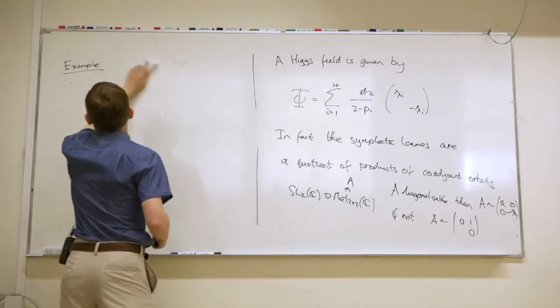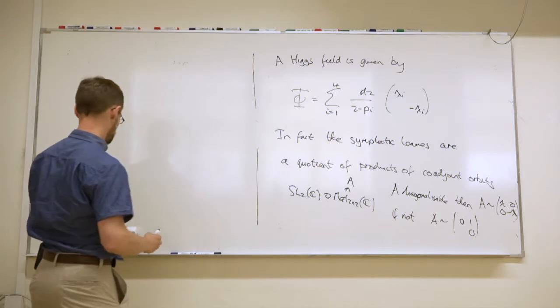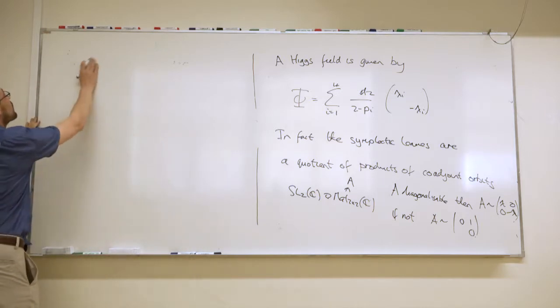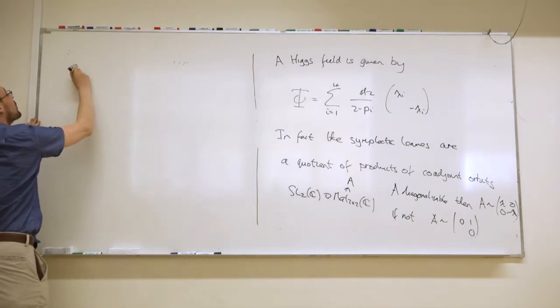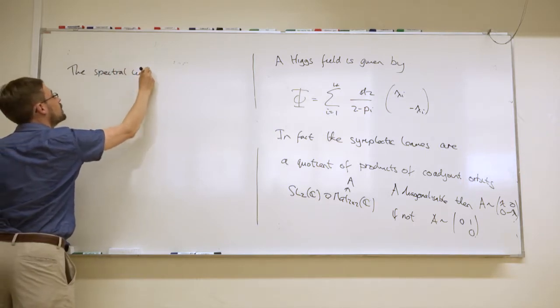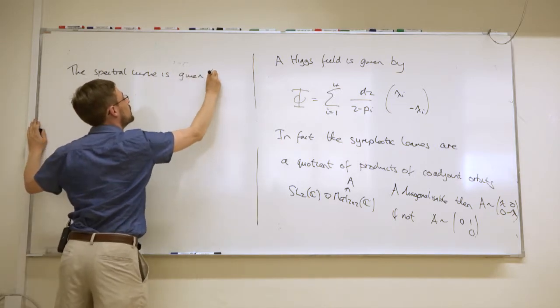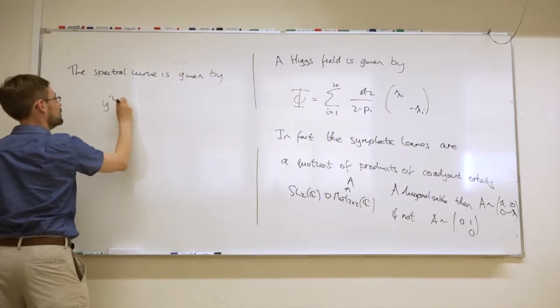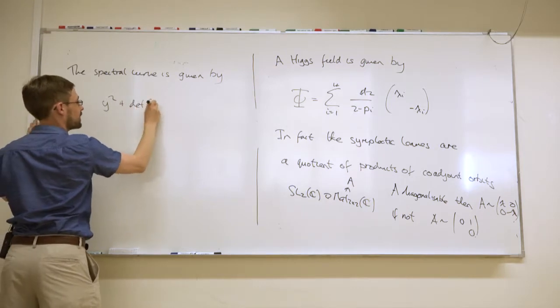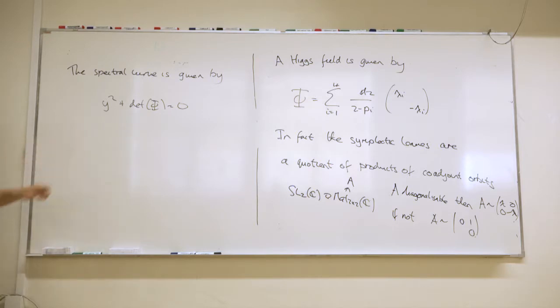The spectral curve is given by, well, there's only one sort of interesting element here, right?